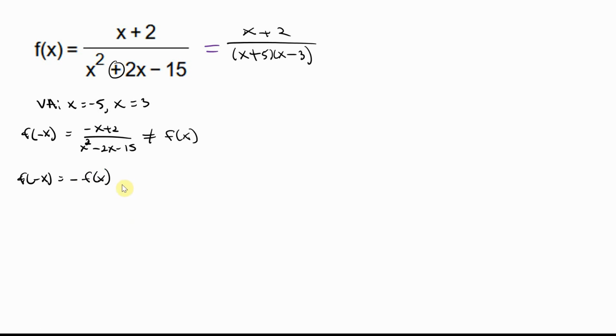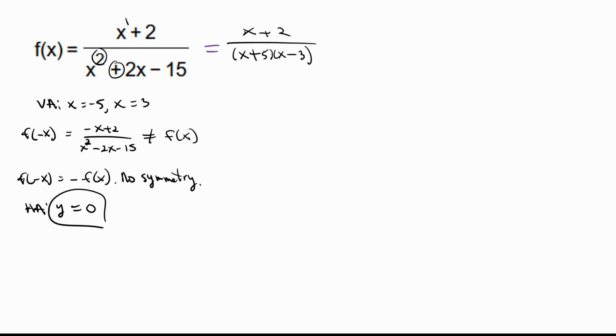So here there's no symmetry. What about the horizontal asymptote? The power here is 1, the power there is 2. 1 is less than 2, so the horizontal asymptote is the line y equal to 0.